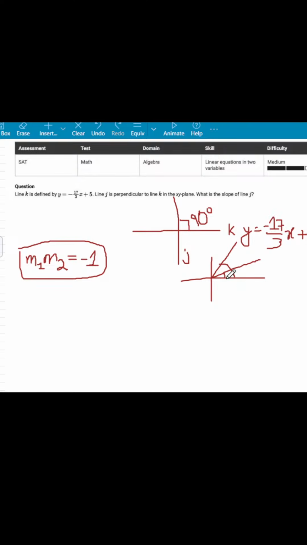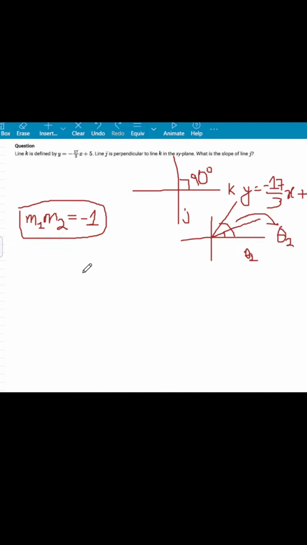Then suppose this smaller one is theta 1 and this larger one is theta 2. Then slope of the line is basically tan of theta, and theta is the angle they make with the x-axis. So then the angle between them will be theta 2 minus theta 1.